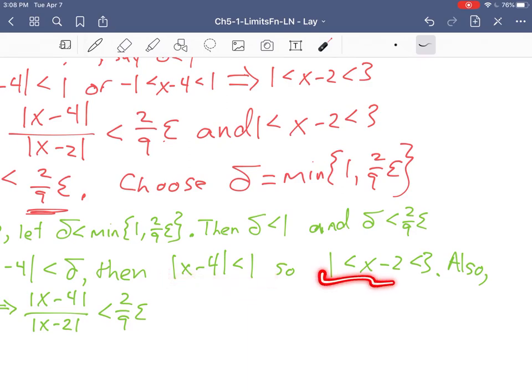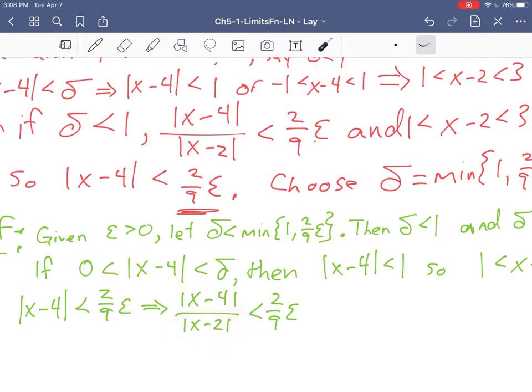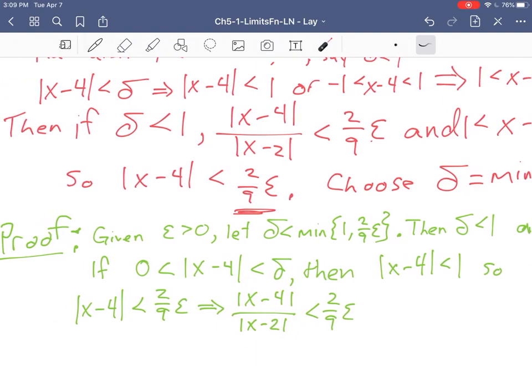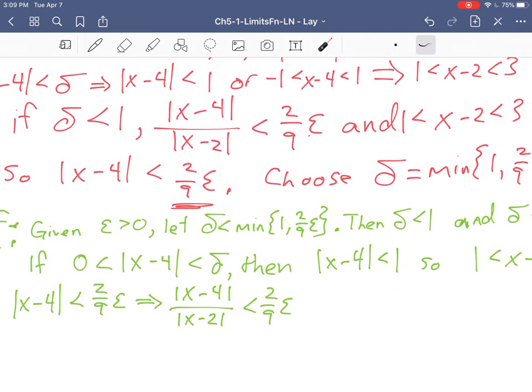So if we divide by something that is bigger than 1, it's going to make this overall fraction on the left smaller. If it was already smaller than 2/9 epsilon, it's going to be even smaller than that.